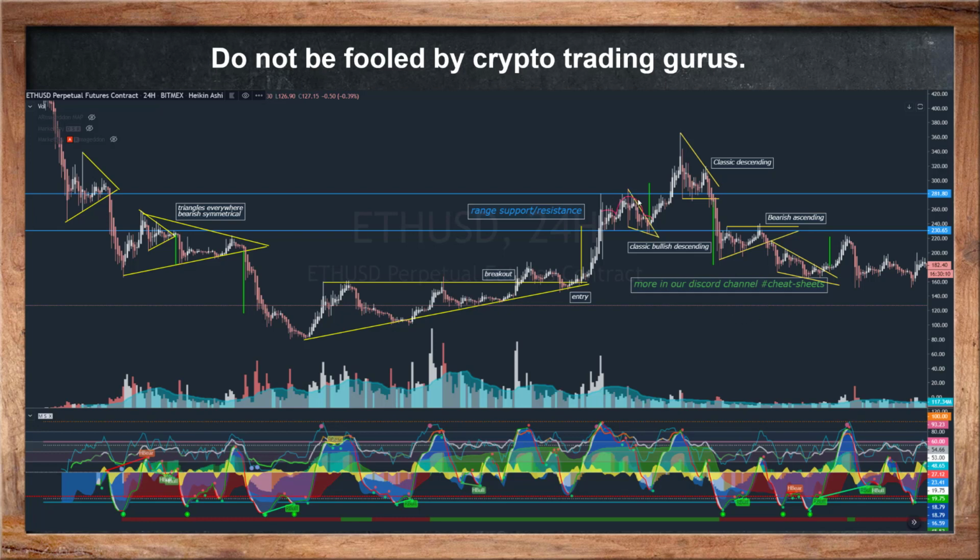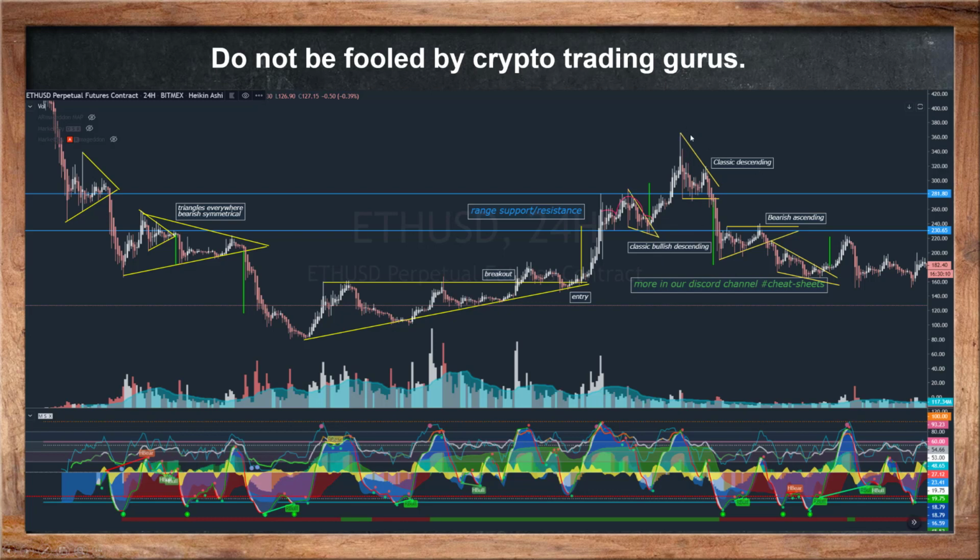Seeing a double top like this and a head and shoulders pattern surely means that we're going to fall. But there are many factors at play here, and one of them is this triangle here, which is a bullish triangle. And I say this after the fact because we're looking at a chart from the past. I can say that now, looking back, it was a bullish triangle. Classic bullish descending. Here's the classic textbook.